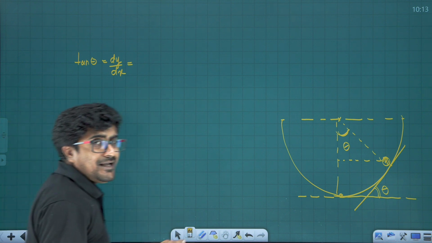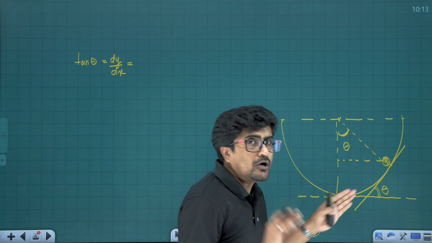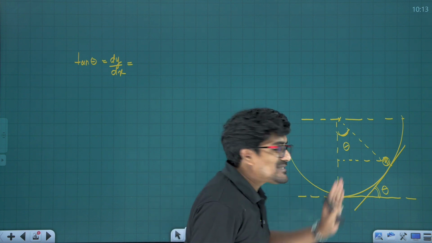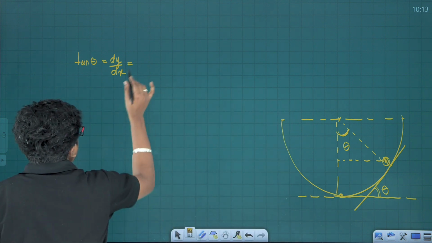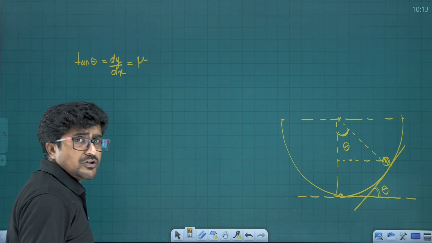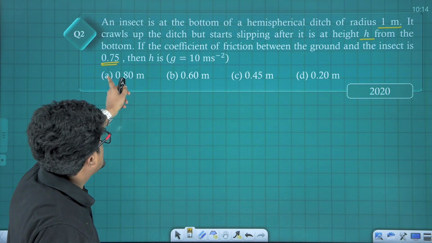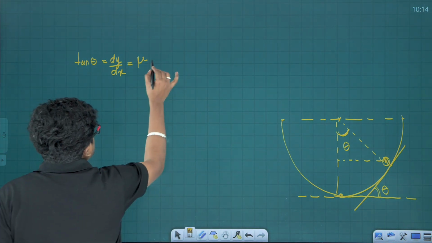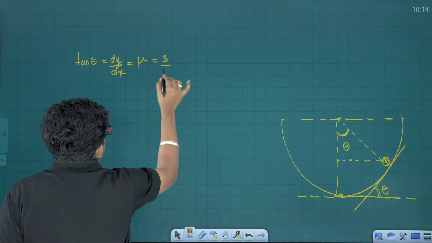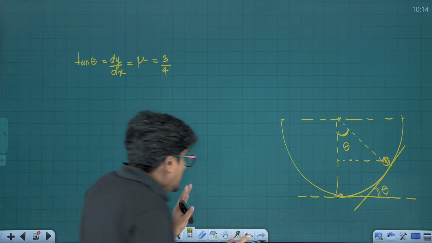And as per the condition of angle of repose, we know that tan of theta, that is equal to dy by dx, is equal to mu, the coefficient of friction. And the coefficient of friction here is given as 0.75. 0.75 can be written as 3 by 4.